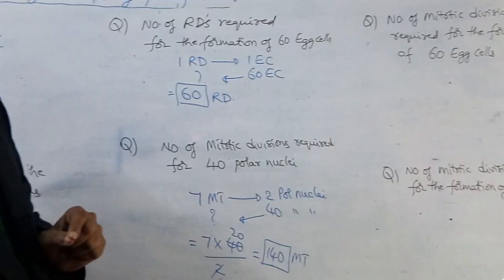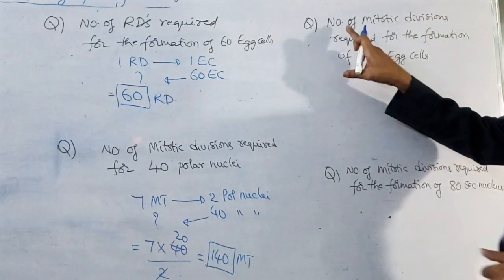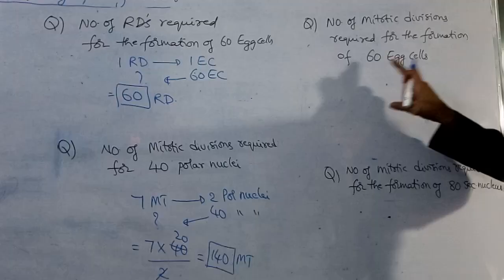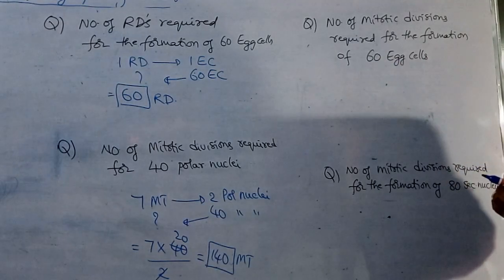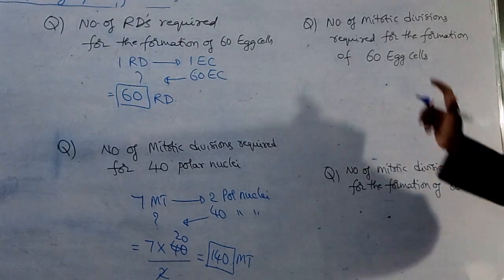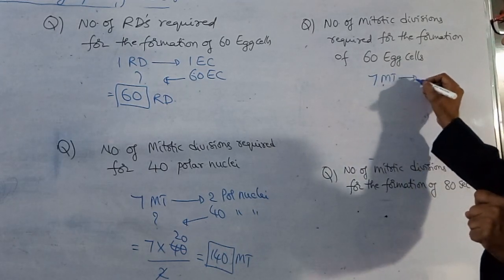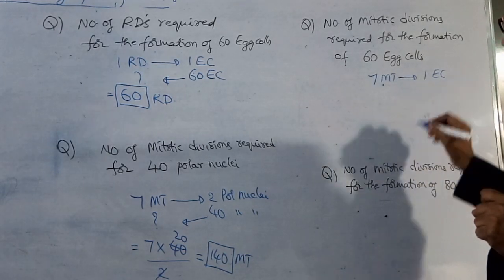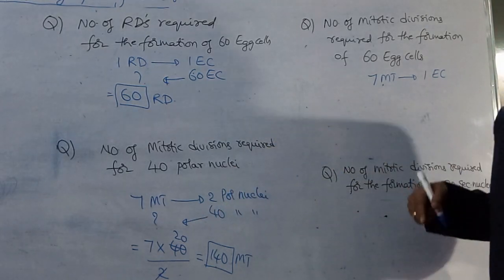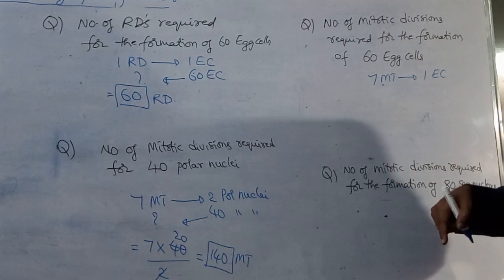Next, entering into another question: number of mitotic divisions required for the formation of 60 egg cells. In each embryo sac, how many egg cells are present? Only one egg cell. So 7 mitoses are required for the formation of one egg cell. Don't confuse mitosis and meiosis. Previously I told that one reduction division is required for the formation of one egg cell.